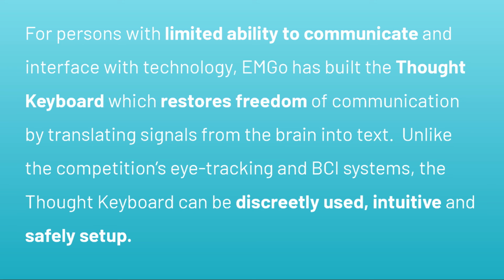Unlike the competition's eye tracking and BCI systems, the thought keyboard can be discreetly used, intuitive, and safely set up. So what's important here is this is our audience, people with limited ability to communicate and interface with technology. What have we done? We built a thought keyboard. What is the experience? Restores freedom of communication, and it explains how it does it by translating signals from the brain into text.